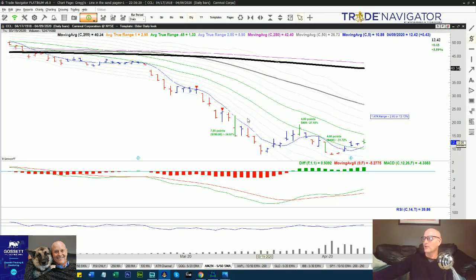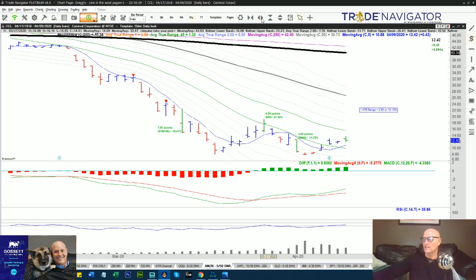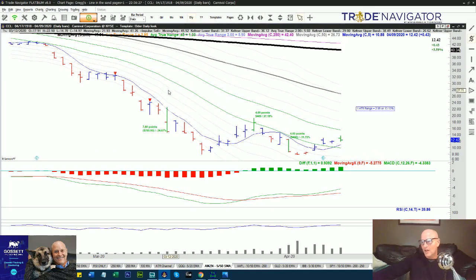Let's go over here to CCL. This is Carnival Cruise Lines. You can see the distance between the ATR channels is about this big, but you can see a lot of these bars are much larger than 1 ATR. So if you were going to take a position in here, you couldn't give it a 5% position size. You couldn't even give it a 10% position size, right?